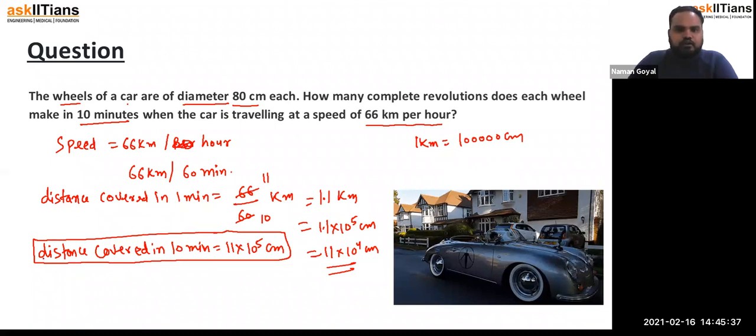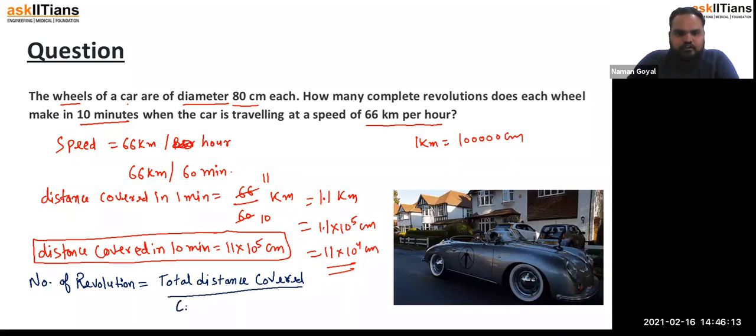So the number of revolutions is equal to total distance covered upon circumference of wheel.